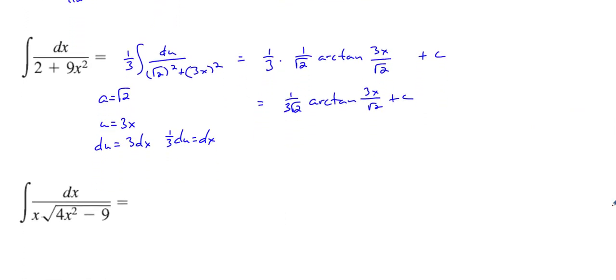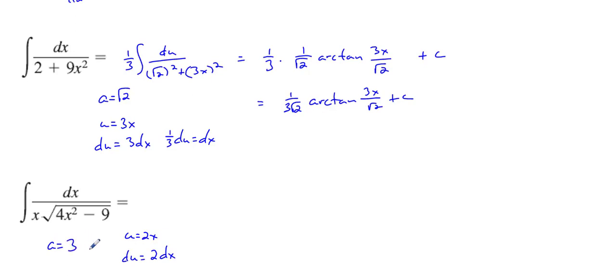And then we have this one. All right. It looks like this would be the u. The u would be the square root of this. That would be u equals 2x. Du equals 2 dx. Okay, what's a then equal to? 3.